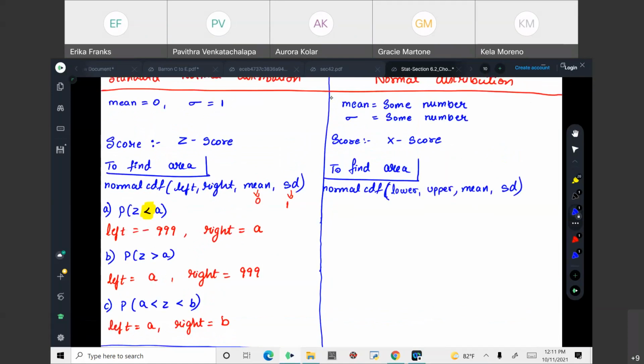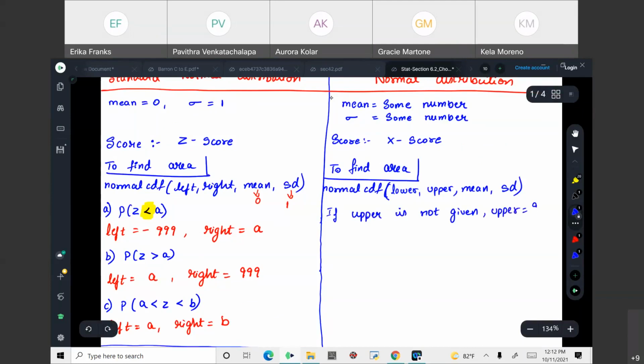You will definitely have lower value and upper value, and you can easily identify the minimum and maximum value. If upper value is not given, you will consider upper value as positive 999.